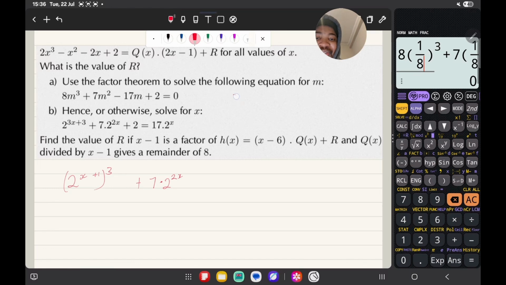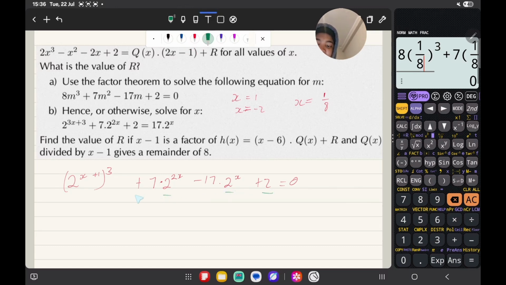So the values, we had x equals 1, x equals -2, and x equals 1/8. Cool. Let me say -17 times 2 to x, and then plus 2 equals 0. I'm seeing something really interesting.